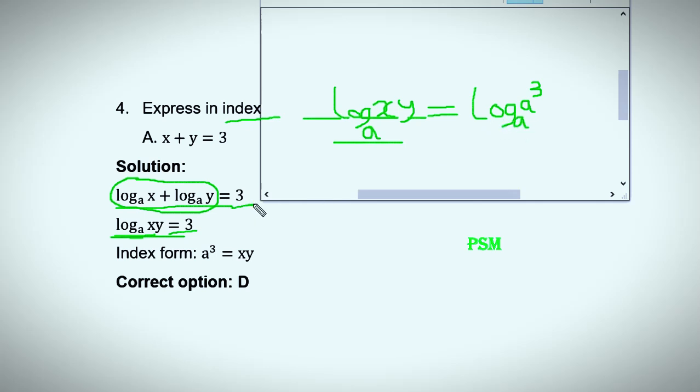Then 3 becomes power in this form. Log base a will remove log base a. What you have remaining is a cube equal to xy. The correct option is D.